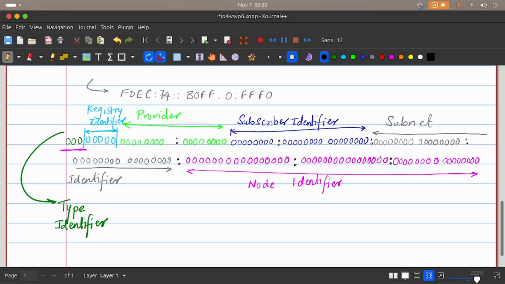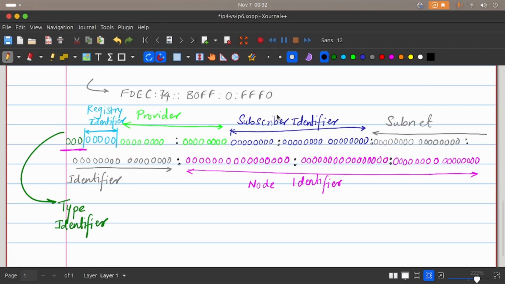Then the provider identifier will tell you about the provider and stuff. This is the subscriber identifier and the subnet identifier. These are just unique identifiers.